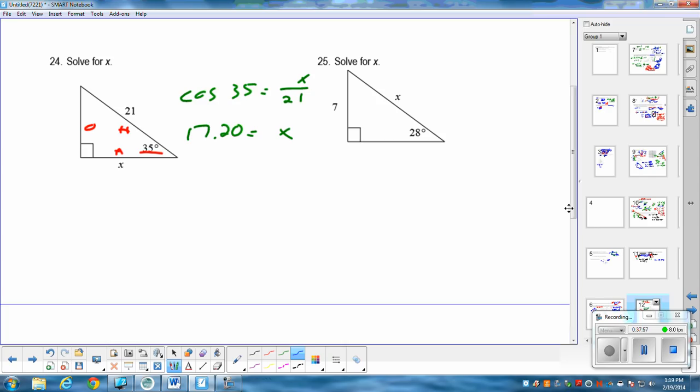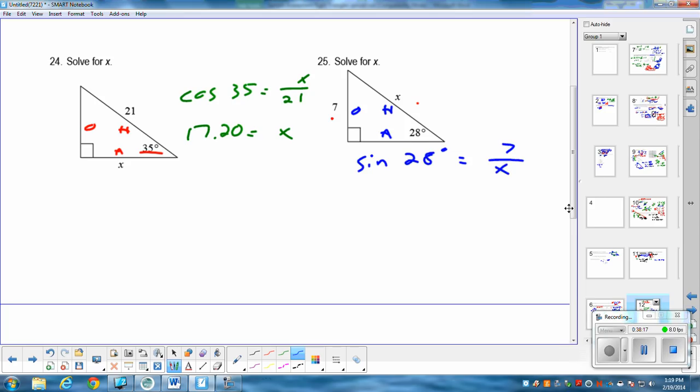For number 25, we have our opposite, adjacent, hypotenuse. We know the opposite, we want the hypotenuse, so we're going to use sine. Sine of 28 degrees equals the opposite, which is 7, over the hypotenuse, which is x.